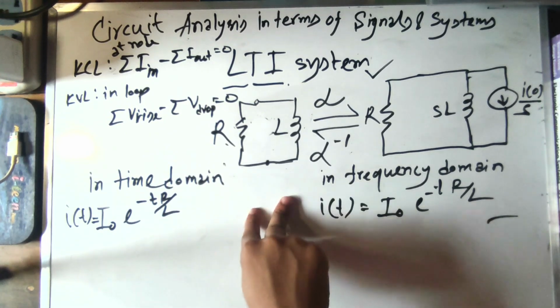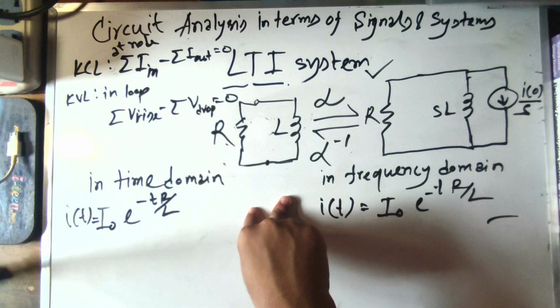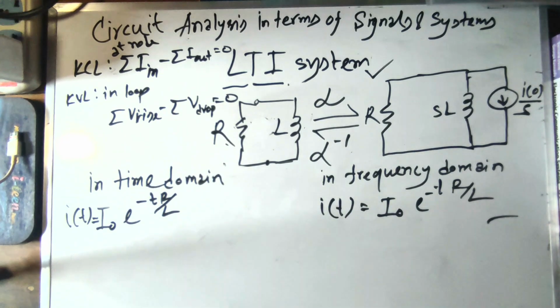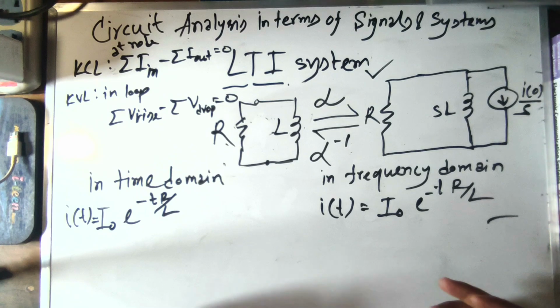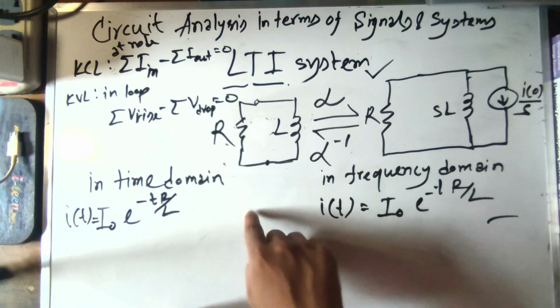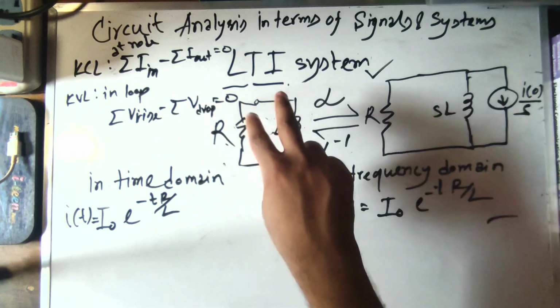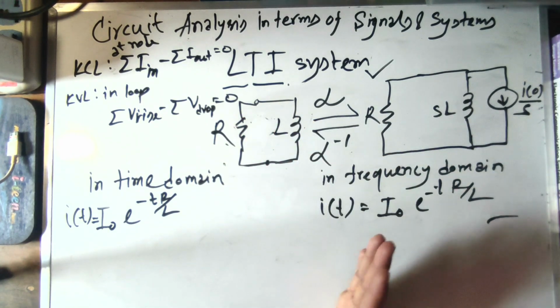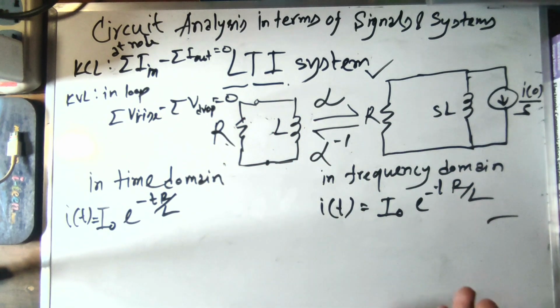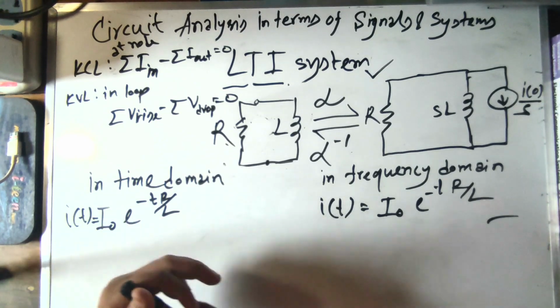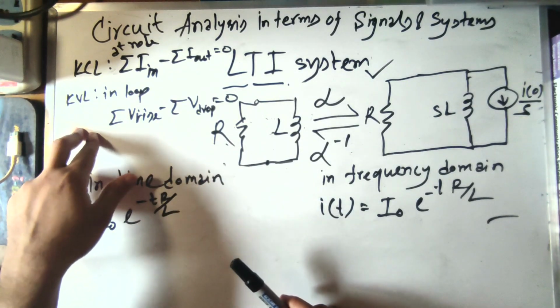If an electrical circuit is considered in terms of signals and systems, it is a linear time invariant system, and a linear system abides by the superposition principle, which allows us to apply KVL and KCL.